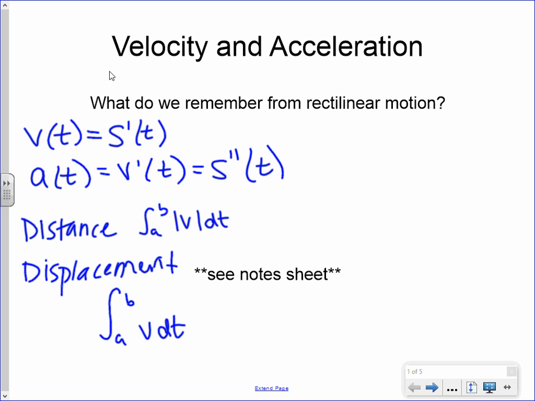We have a position vector, a velocity vector, and an acceleration vector. So to find each of those vectors, we have the position vector, we take the derivatives of both of the components to get the velocity vector. Then we take the derivative of both of the components to get the acceleration vector. Same rules apply, we're just talking about both components of the vector.